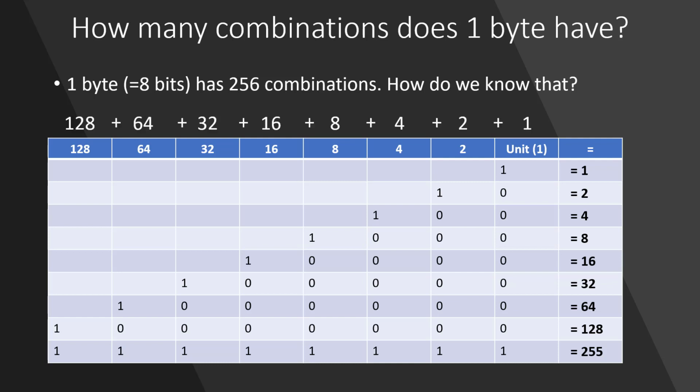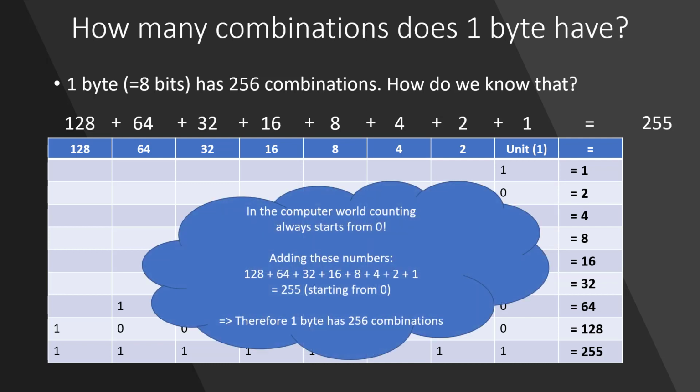But you say, wait a minute, didn't you say 256? Yes, of course, because we also count all zeros, which gives us 0. So 256 different combinations. 8 bits, 1 byte, has 256 different combinations. And you can see that from the screen and how we've worked that out.